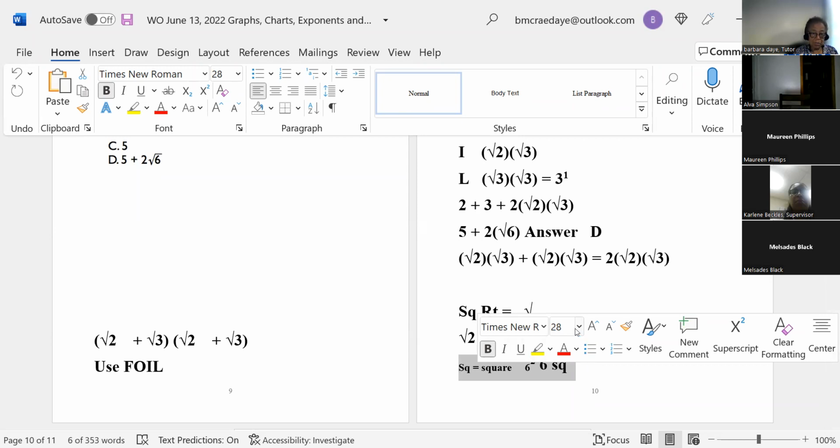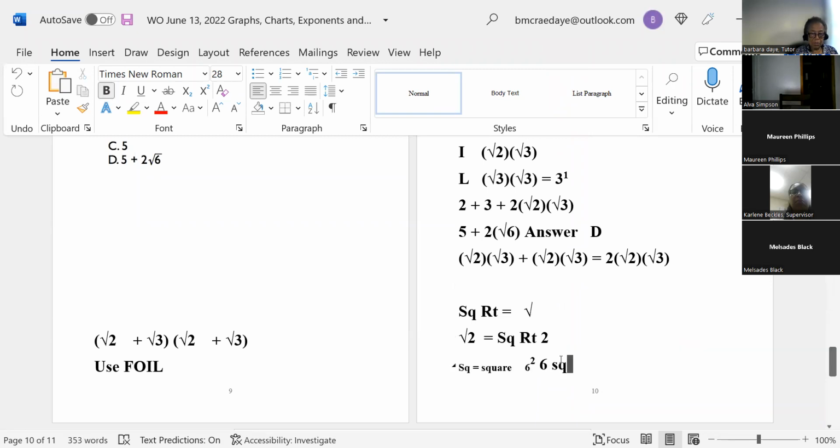Okay, so you can use the SQ for the square, and if it's cube, use just CU for cube. It's raised to the 3rd power. Okay.